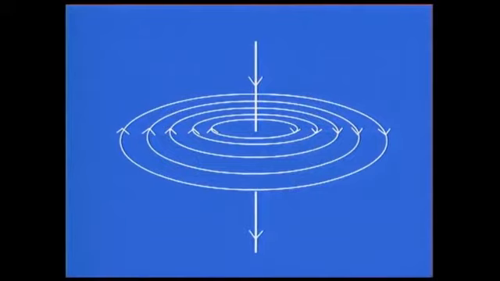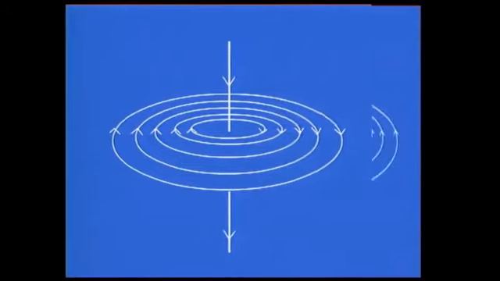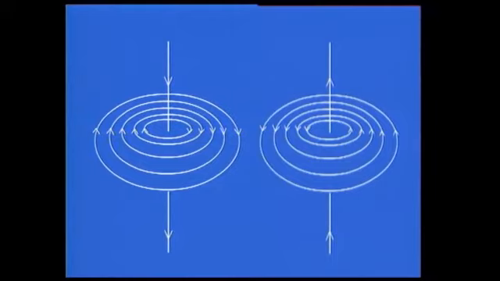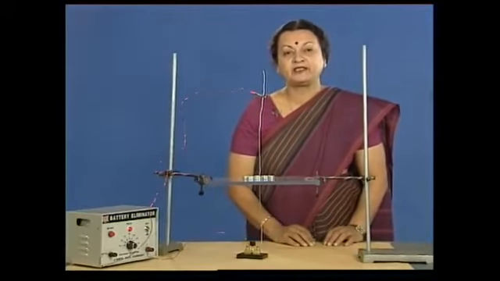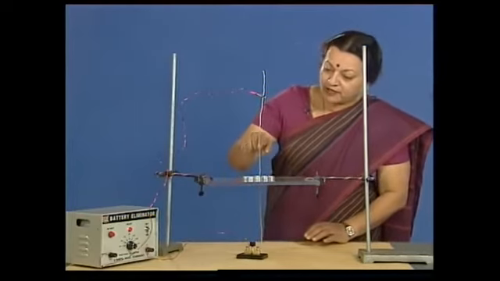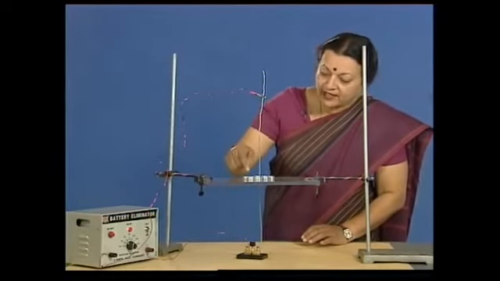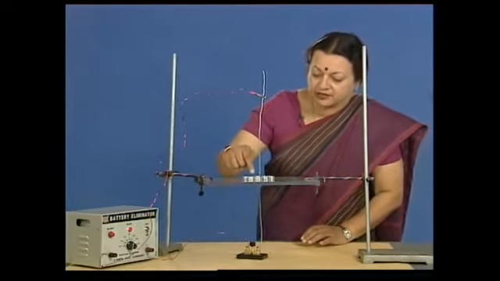If we compare this pattern with the earlier one, what do we notice? When we reverse the current in the wire, the direction of the magnetic field also reverses. So, we can see that a definite relationship exists between the direction of current through the wire and the direction of magnetic field around it.